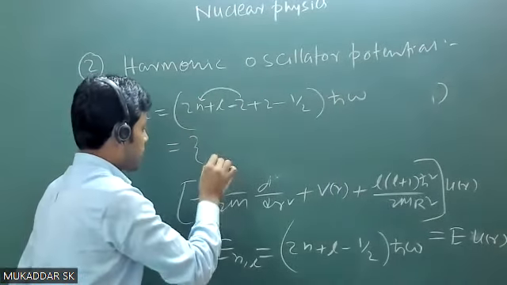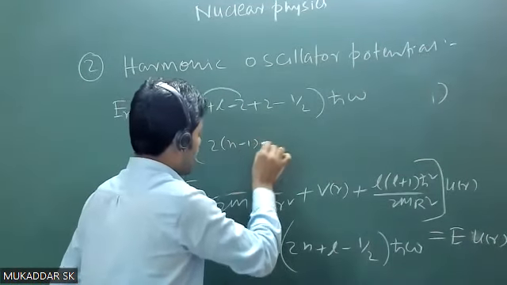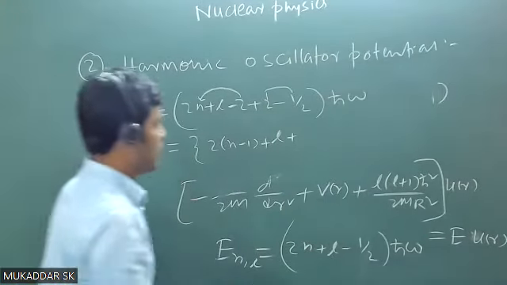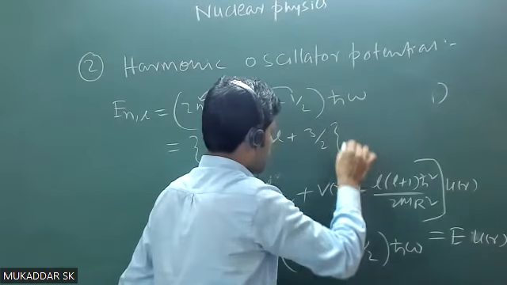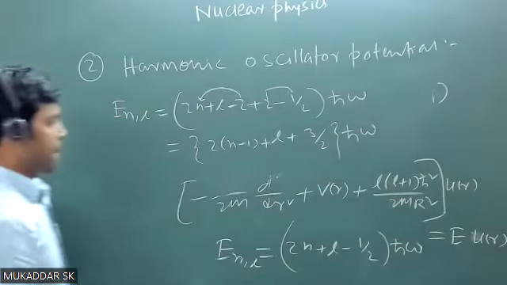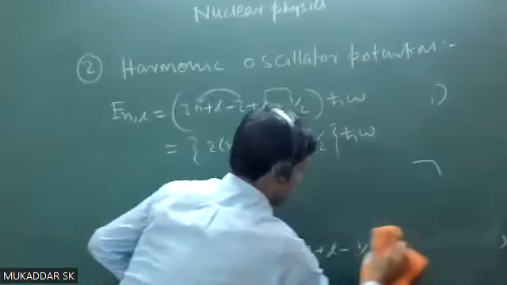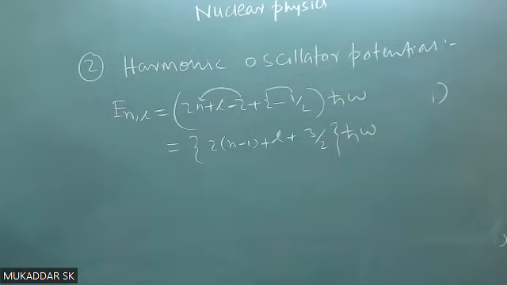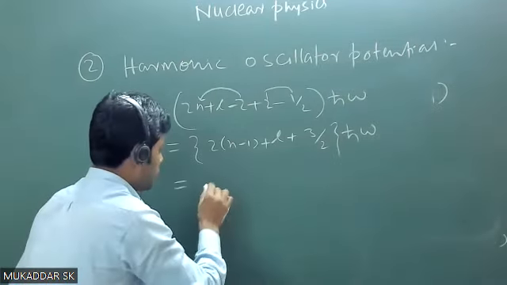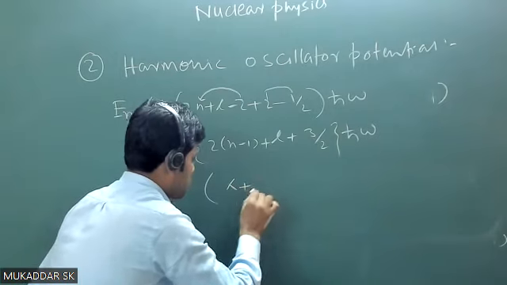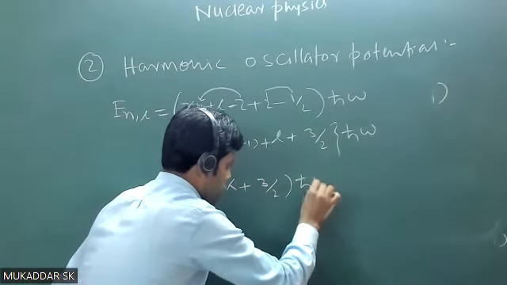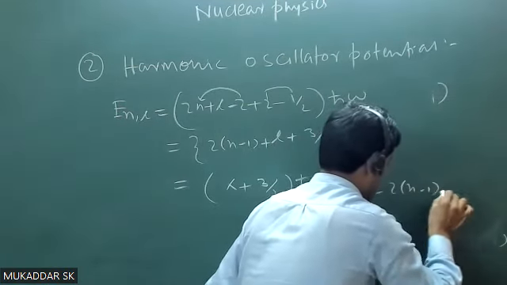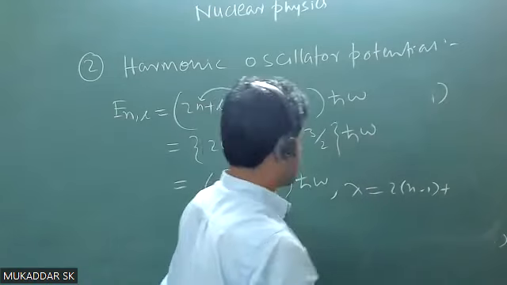So I can write 2 into n minus 1 plus L, and this term I'll add. So 2 minus half is nothing but 3 by 2 h cross omega. And this will be lambda plus 3 by 2 h cross omega, where lambda is 2 into n minus 1 plus L.